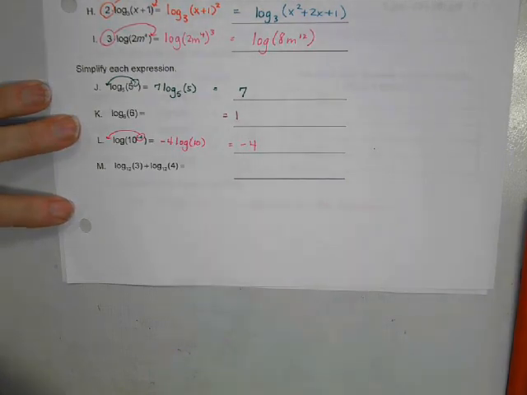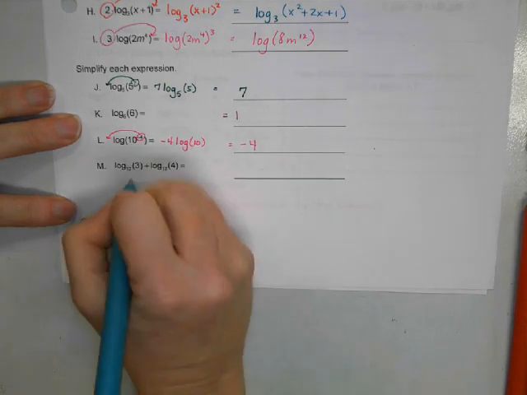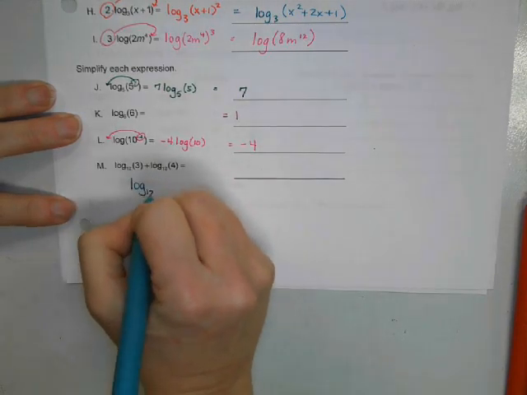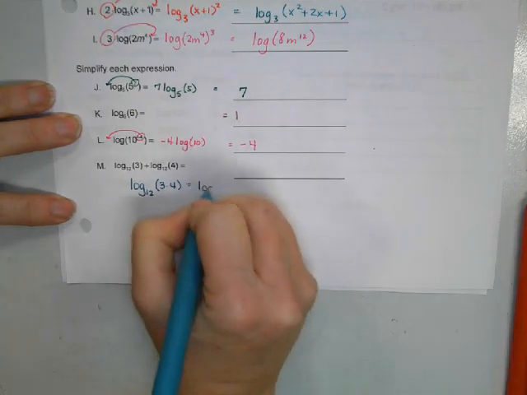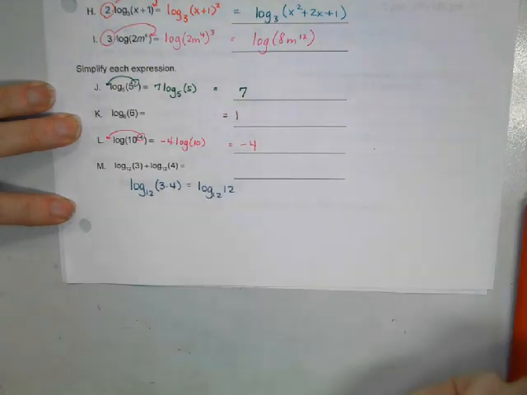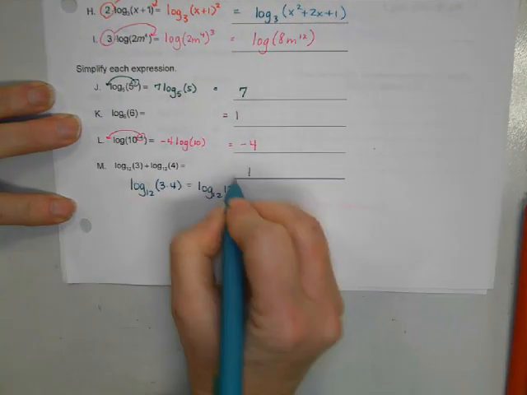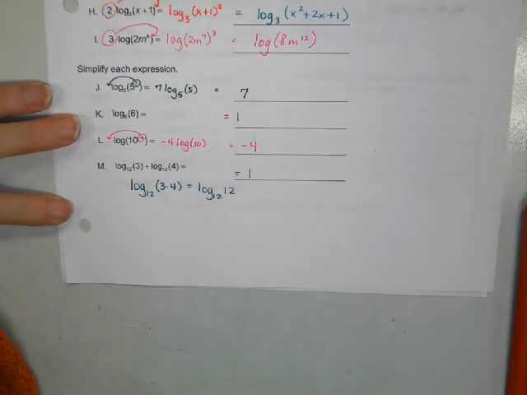Okay, so this next one is log base 12 of 3 times 4. Log base 12 of 12. So it's 1. Are y'all okay?